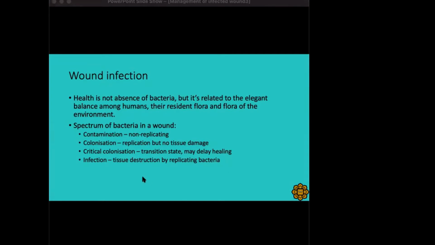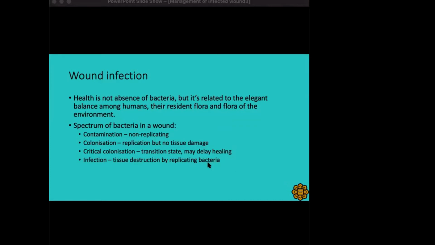So once that balance is disrupted, for example by a wound, then you get problems, because the skin microbes or commensals will invade and basically elicit infection.